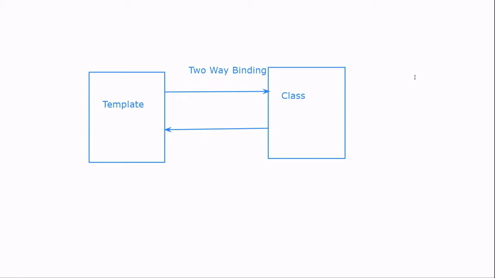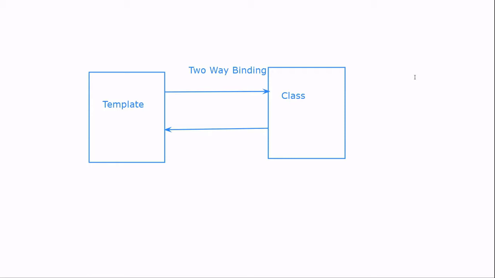Why is this required? Whenever you deal with forms data, the view and model should always be in sync. Otherwise, the data may be inconsistent, because all form data has to be consistent, and that is a major thing.